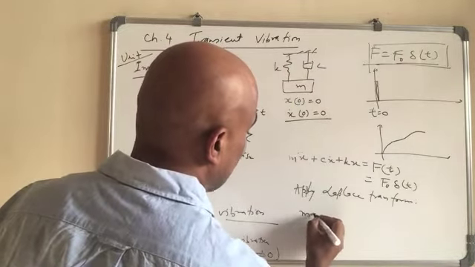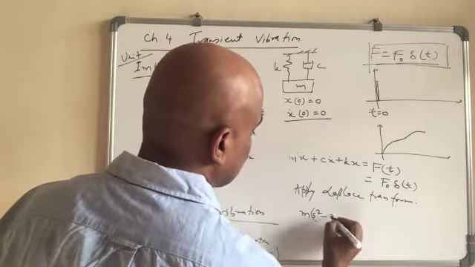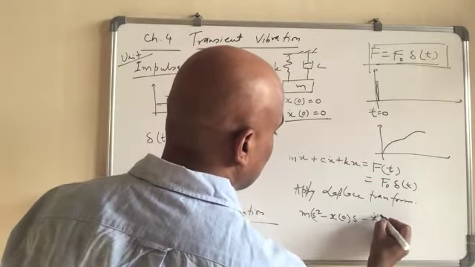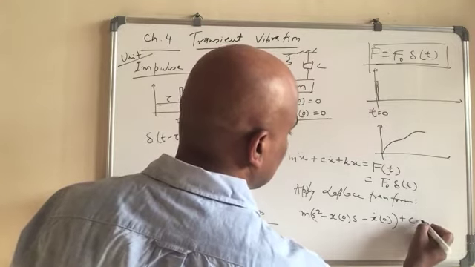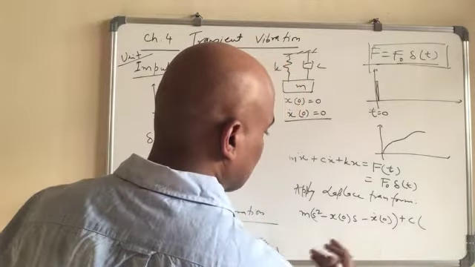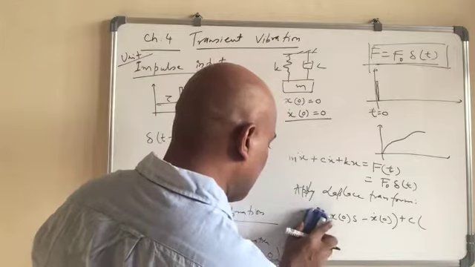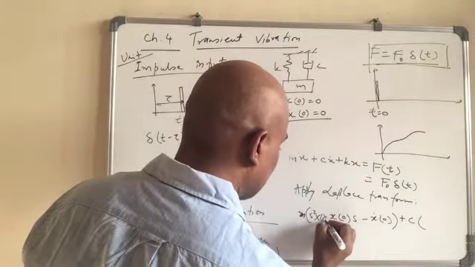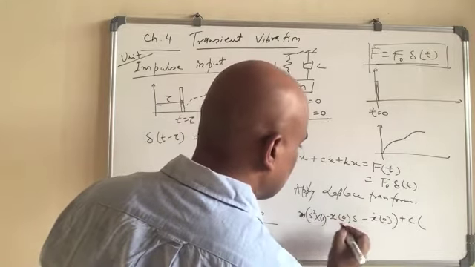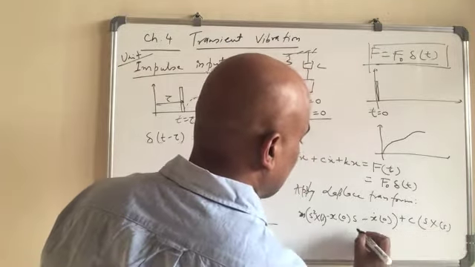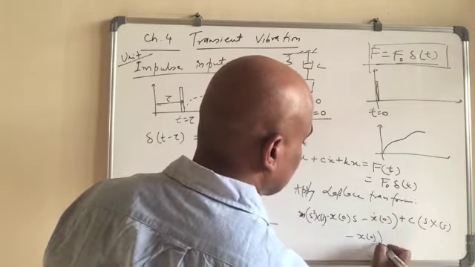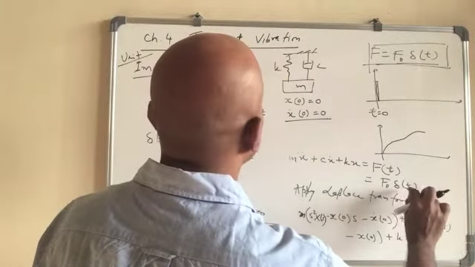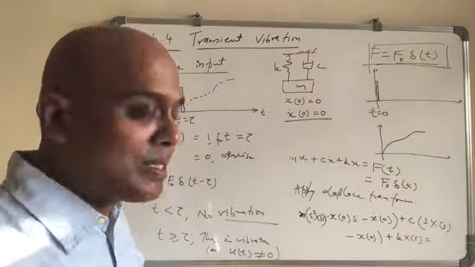We get m times s square X of s minus s x at 0 minus x dot at 0, plus c times s X of s minus x at 0, plus k X of s, and then we have to find the Laplace transform of this F naught times the Dirac delta function.